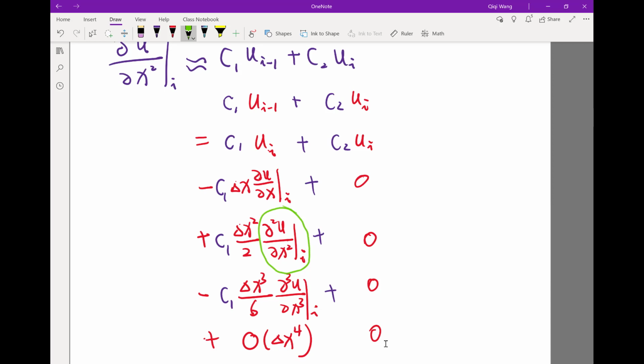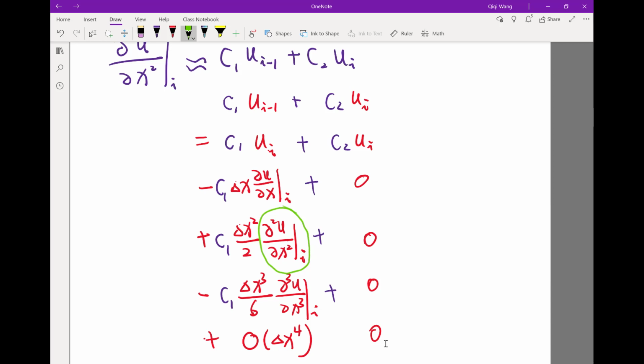If we do that, and if we want a good approximation that shrinks to 0 as delta x goes to 0, we would need to make both of these terms 0. We have to cancel out this and this. Looking at the second term, because this is 0, in order to cancel this out, C1 has to be 0.